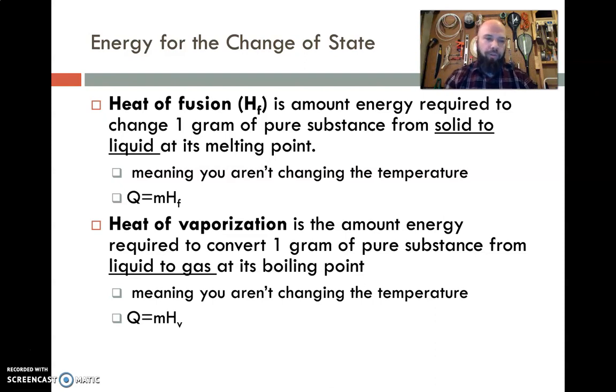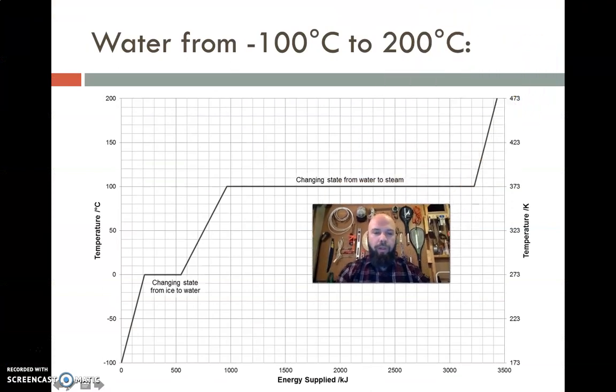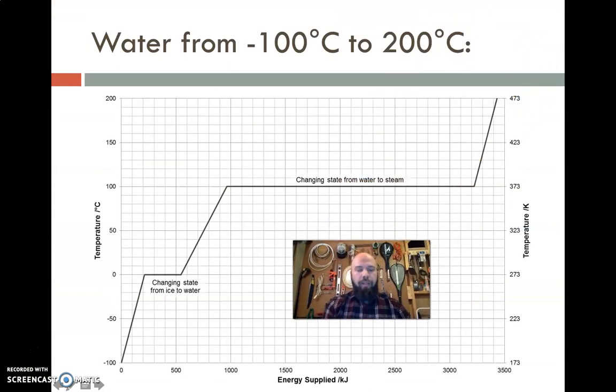One is going from solid to liquid, and one is going from liquid to gas. So it's just dependent on the mass and the type of substance as to how much energy would be required to change the state.